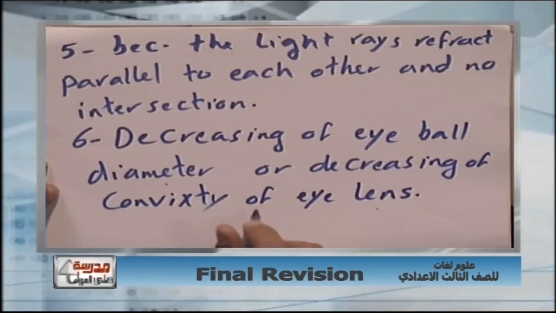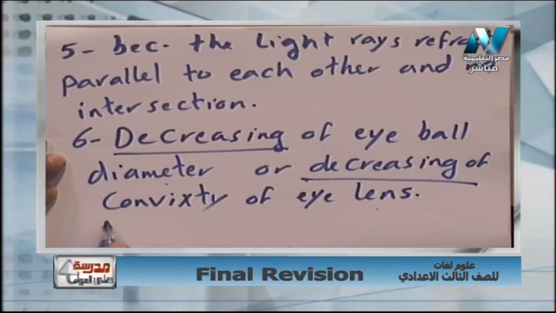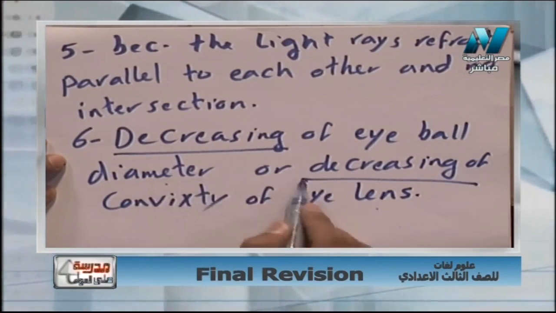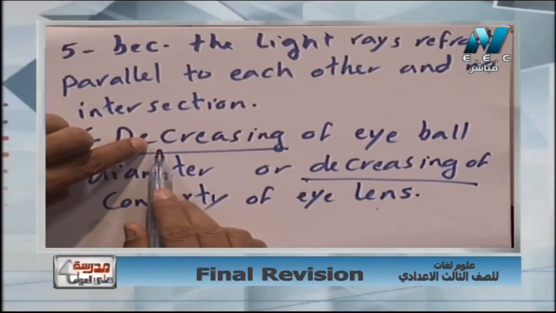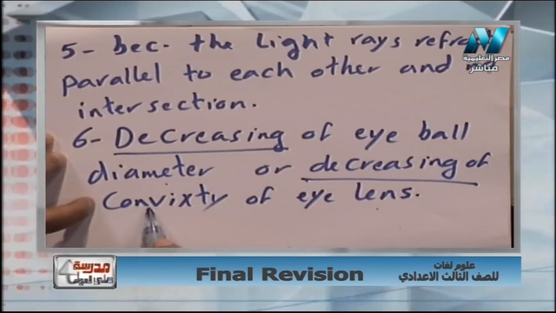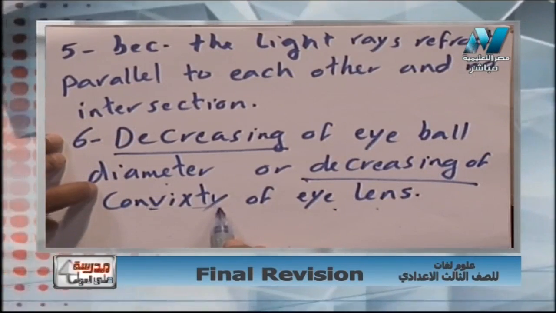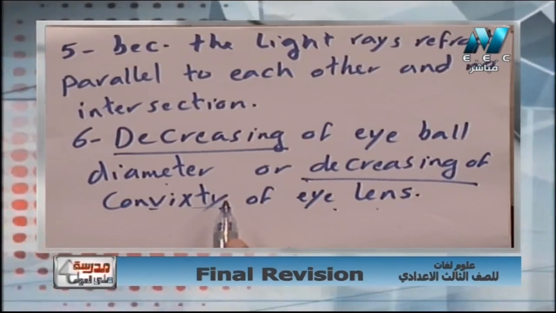Again, decreasing eyeball diameter and decreasing the convexity, they are the reasons for long-sightedness. While increasing eyeball diameter, increasing the convexity of eye lens, they are the reason for short-sightedness. Remember again, decreasing the reasons for long, increasing the reason for short.